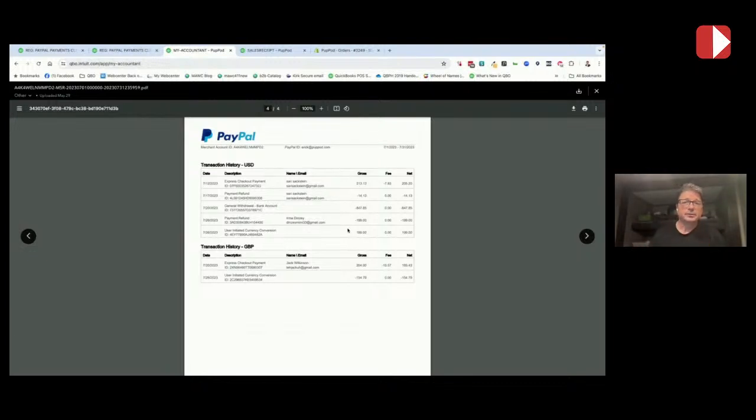Now, as we talked about with Rachel last week a little bit, with the PayPal balance account, when it's foreign currencies, the money just sits there, right?